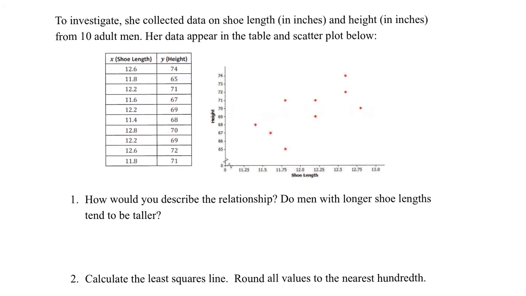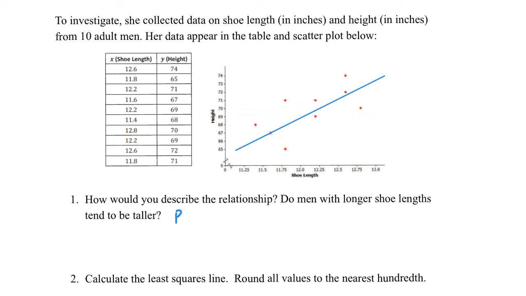So how would you describe the relationship? I would say that there's a little bit of a positive relationship here. I think I could draw a line through this data that would look something like that. It may not be perfect, but that line is definitely increasing.